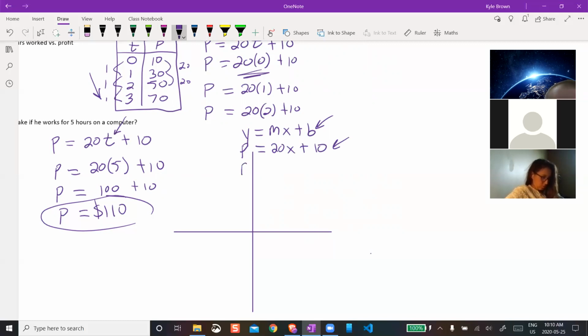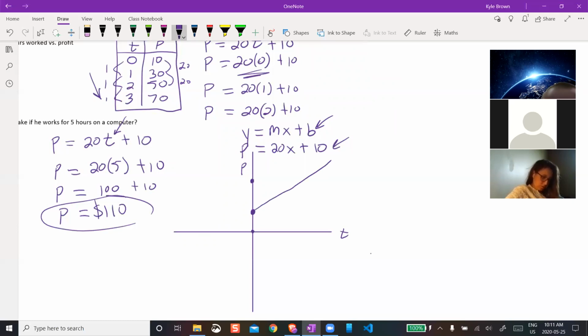That's because this is our profit up and down on the y-axis, and this is our time on this axis. When time is 0, right at the origin here, then we're up here at 10. Let's say 10 was right there. So we're starting at 10, and then you'd be going up from there.